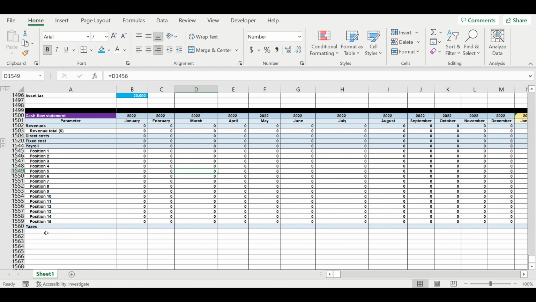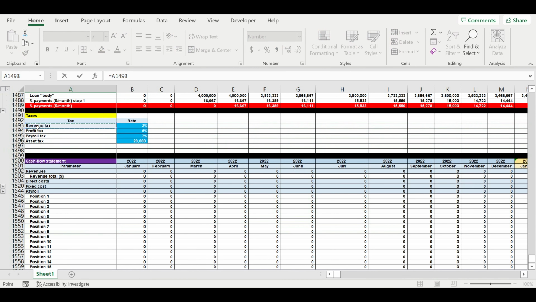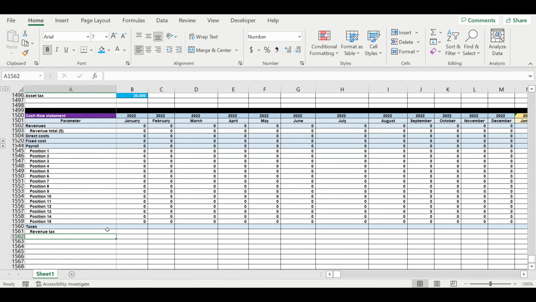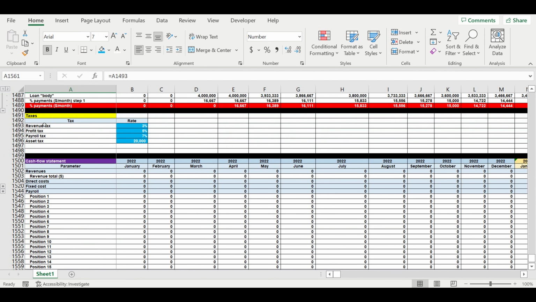So now we are adding taxes up here. Here will be their place. We'll do it like this.